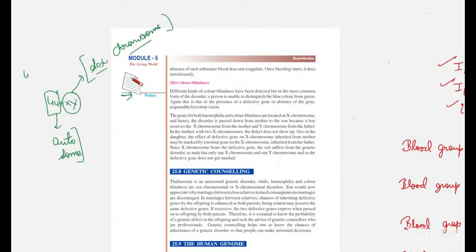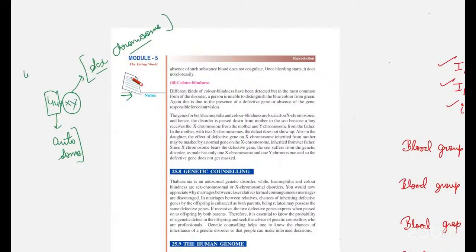But if the mother has a defective X chromosome, and that defective X chromosome fuses with the Y chromosome, making a male child, the defective X chromosome will show the color blindness. So that's why the male has a higher population of color blindness than the female.